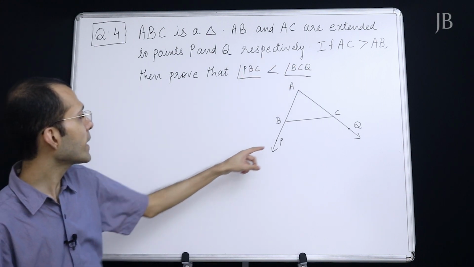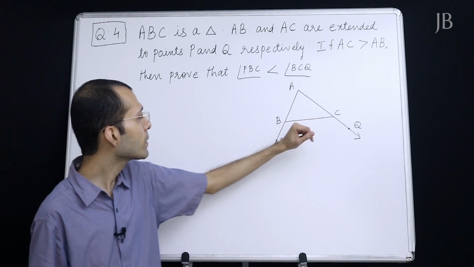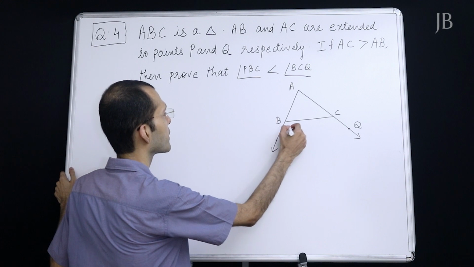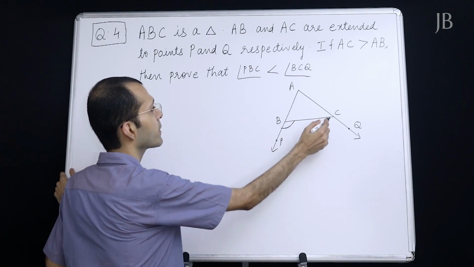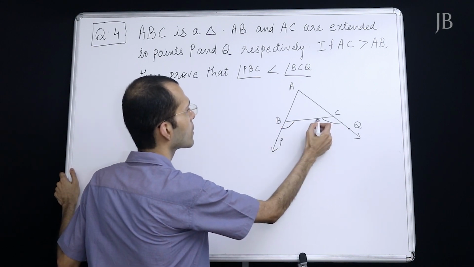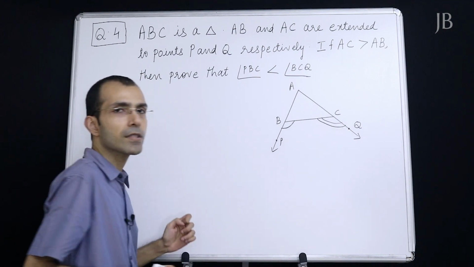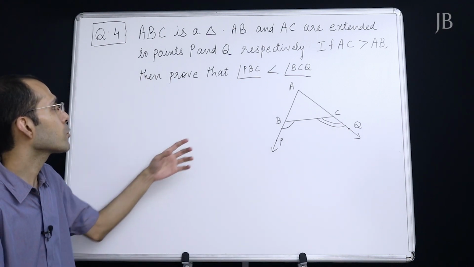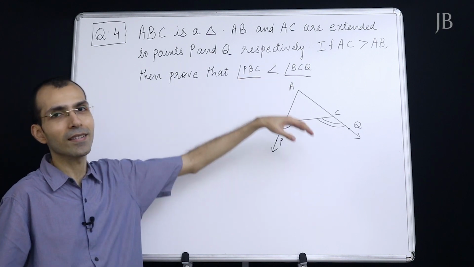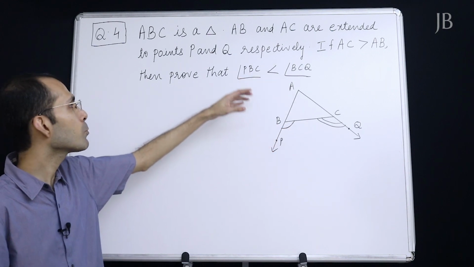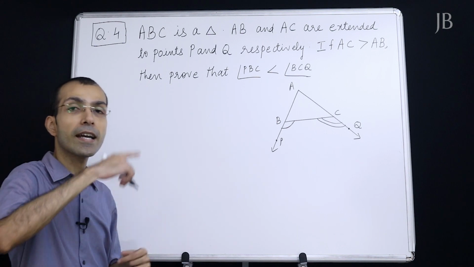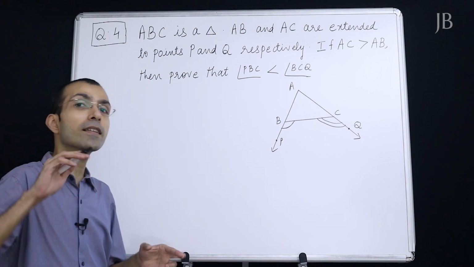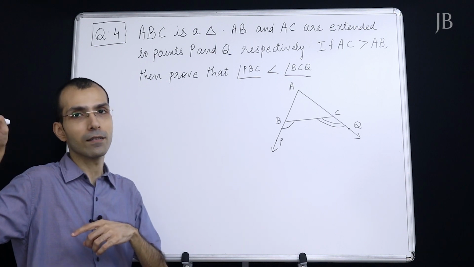Okay, now if you look at angle PBC, it is going outside, like this is your angle PBC and this is your angle BCQ. So the problem is it becomes difficult to apply the property directly. Like see, if I want to prove some angle smaller than the other, then I will have to prove the side opposite to that angle smaller than the side opposite to the other angle.